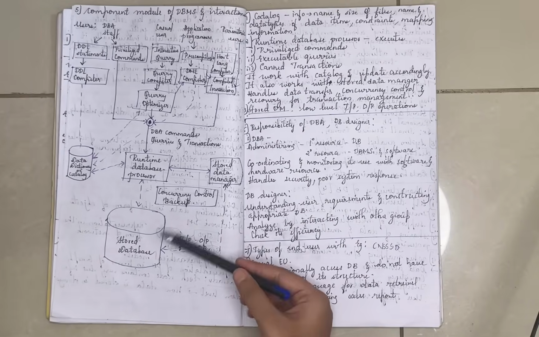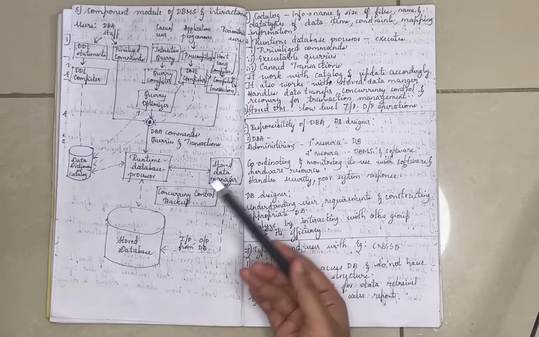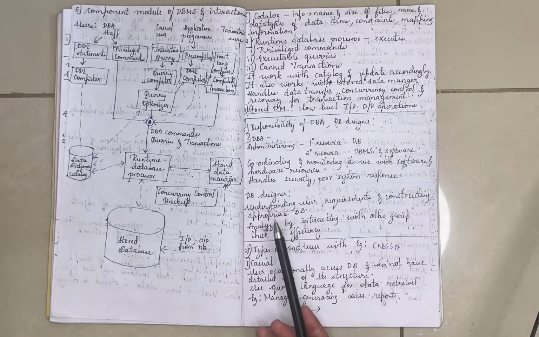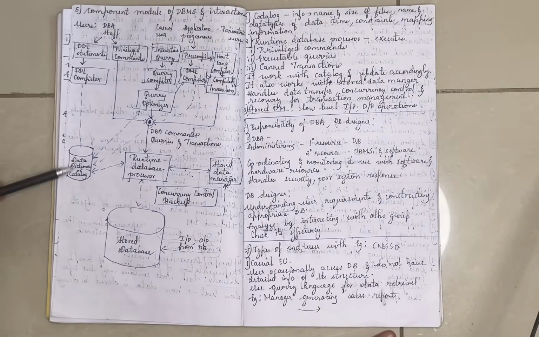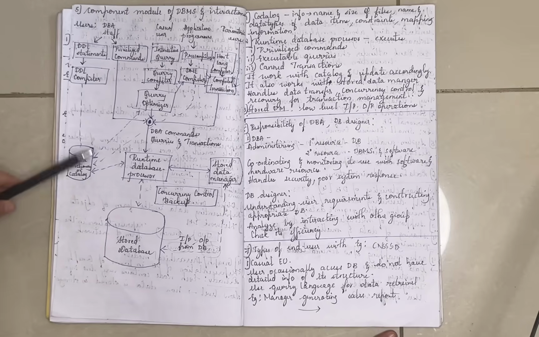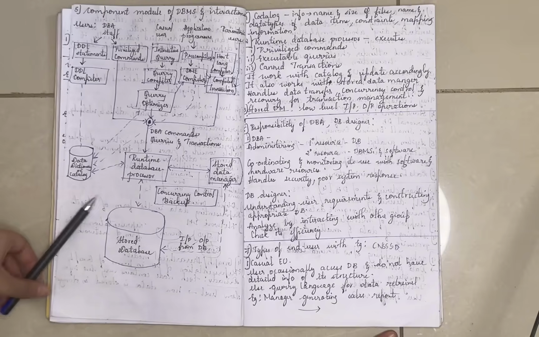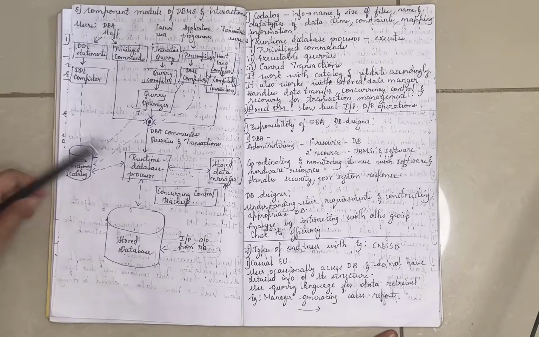Now, in the explanation, what you have to write is how each part interacts with other parts. For that, how you can remember is, you already know what the data dictionary is, right? So write that: it contains information about the names of the files, the data items, constraints, relationships, related data, everything.